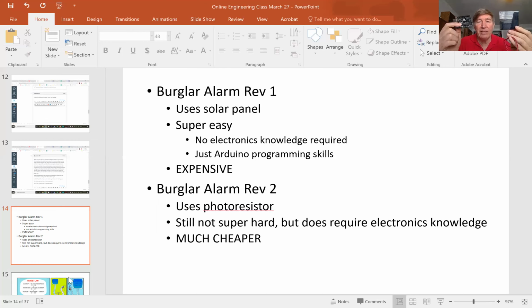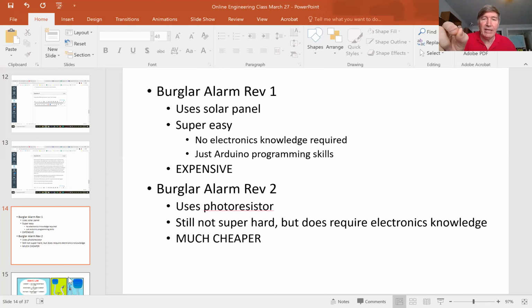That means if we resell them as part of our burglar alarm, we're going to have to charge a lot of money for our burglar alarm. Now, if our competition knows something about electronics, they can figure out a way to take this expensive solar panel and replace it with this little tiny thing right here, I don't know if you can see, way smaller and way cheaper.